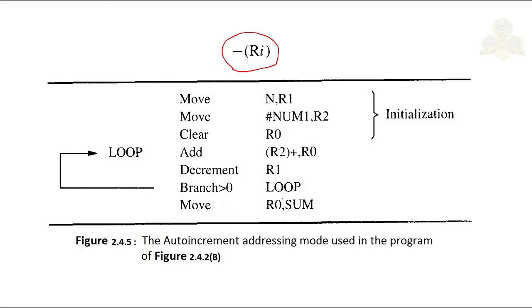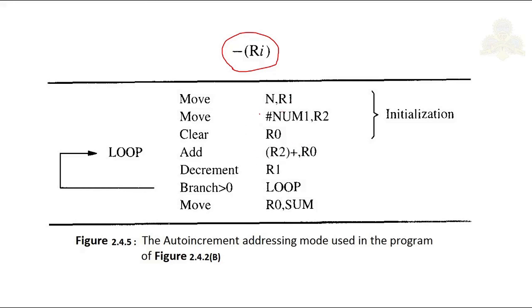So here is a program in which we have the auto increment mode. In the indirect mode we had seen this program, but instead of two add instructions, we can do it in a single instruction by using the auto increment mode.